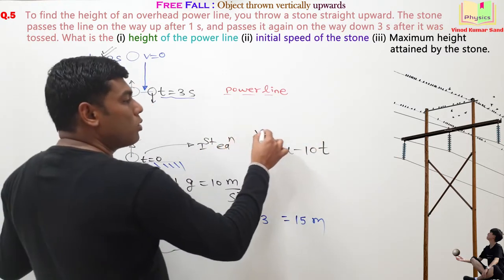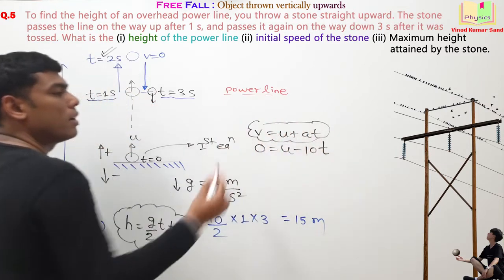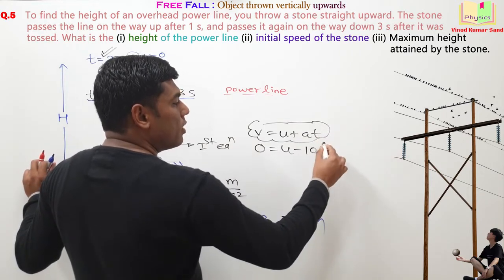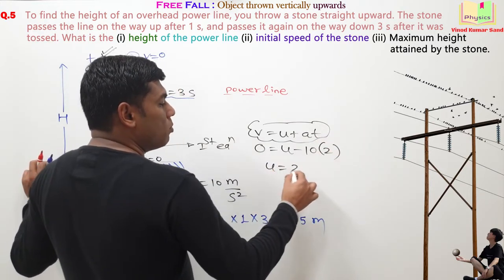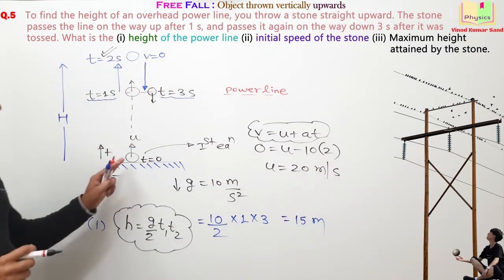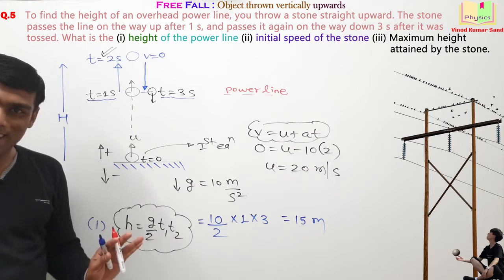V is equal to u plus at. You remember that format. T will be equal to actually 2 seconds. So u comes out to be 20 meter per second. It means the stone is projected up with the speed of 20 meter per second. Clear?